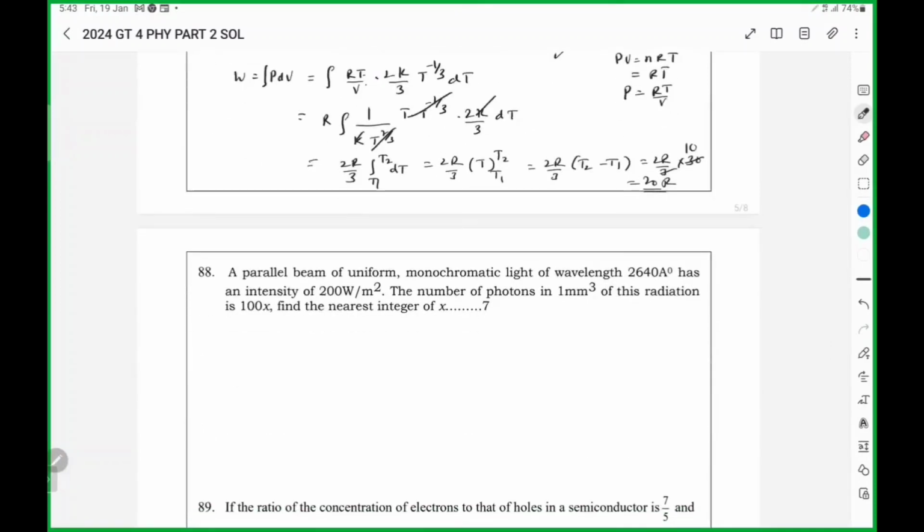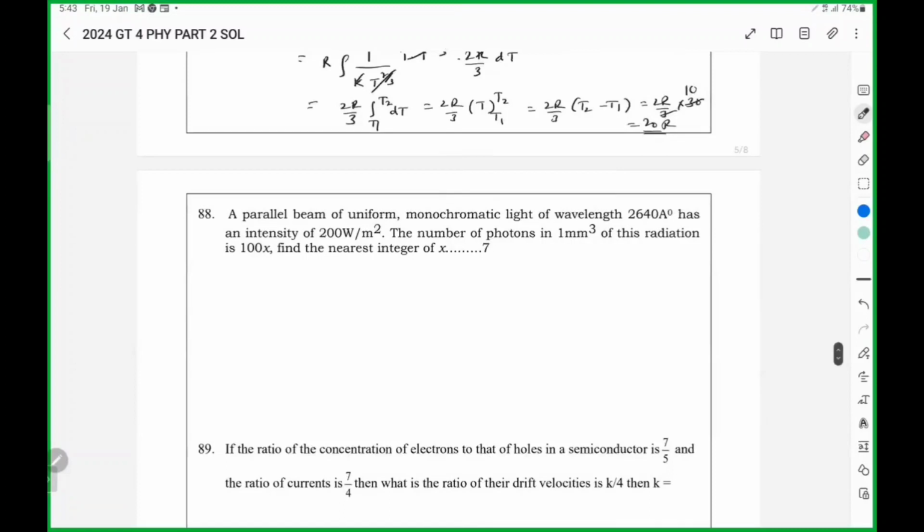A parallel beam of uniform monochromatic light of wavelength has intensity. First, the intensity definition. Energy incident per unit area per unit time. So for 1 photon, energy is this.